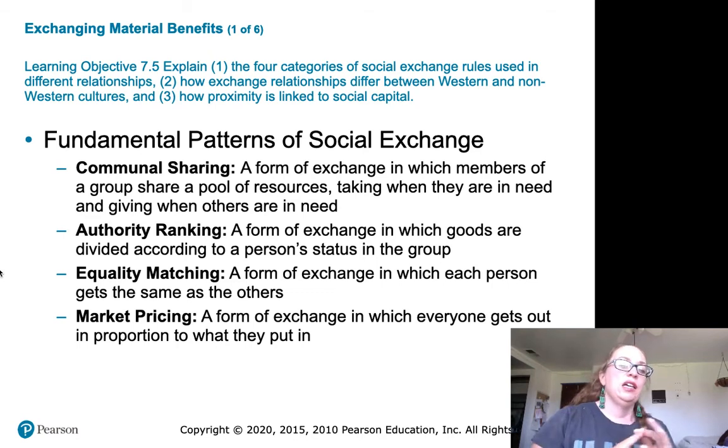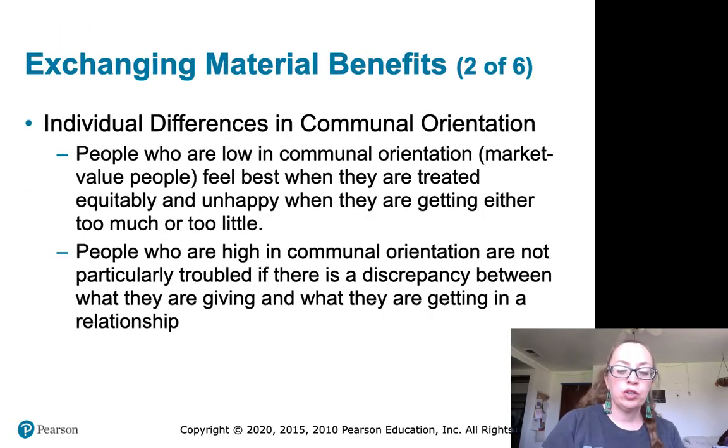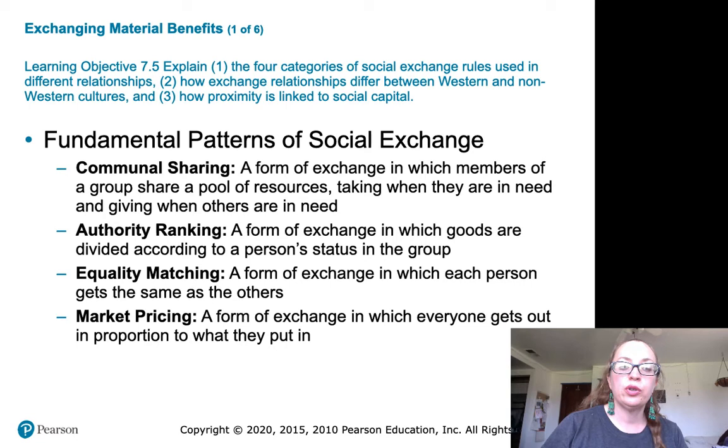Okay. Now, when it comes to your willingness to share, to put in to a relationship versus your expectations of getting something out of it, it's actually a personality thing. So we know that there are certain people who are low in communal orientation and certain people who are high in communal orientation. So people who are low in communal orientation are more likely to believe in this sort of capitalistic type of relationship.